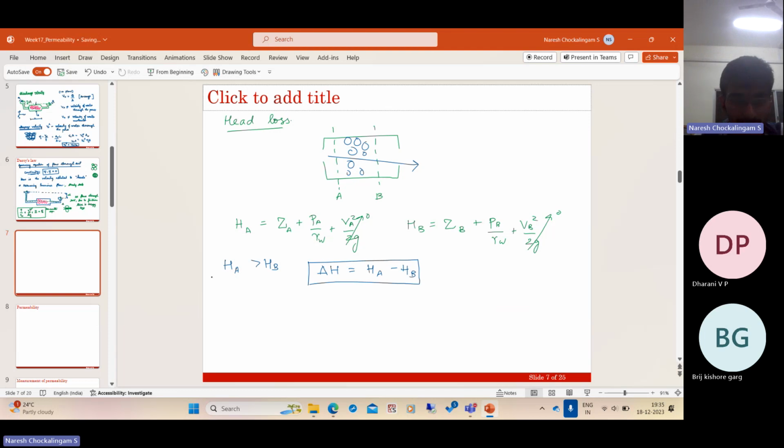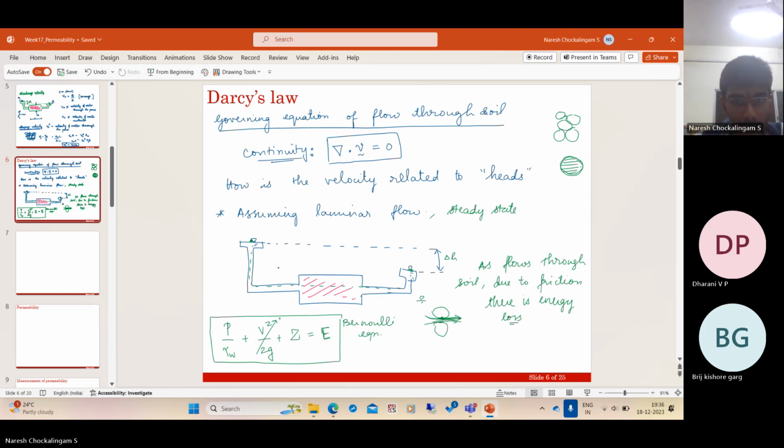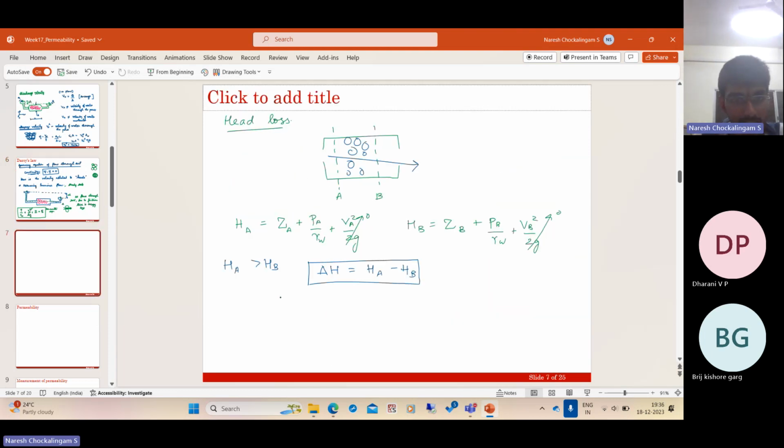To relate the head loss to the velocity, we have what is called Darcy's equation.